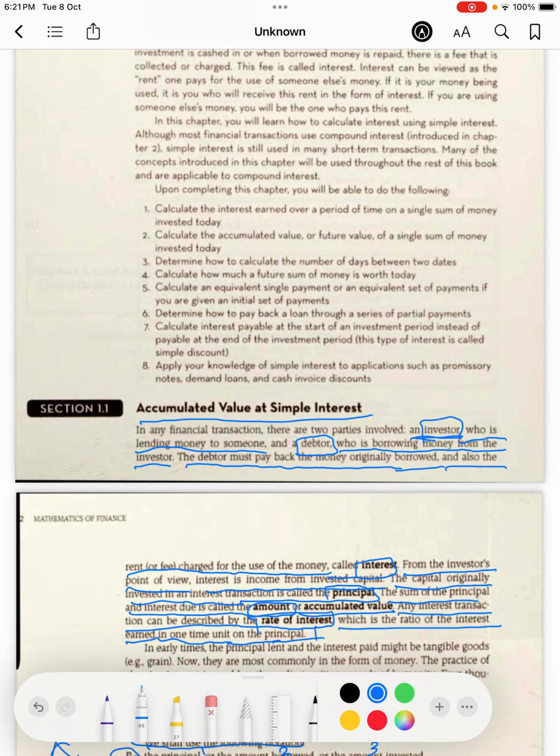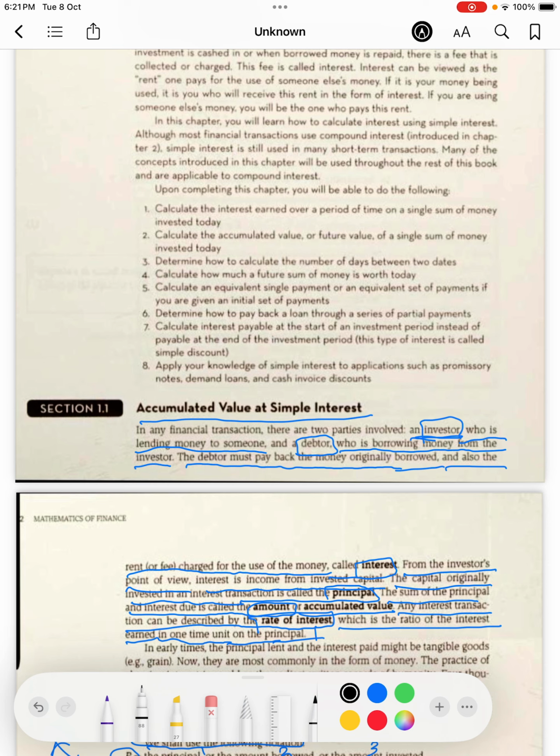And now we will begin with section 1.1, accumulated value at simple interest.